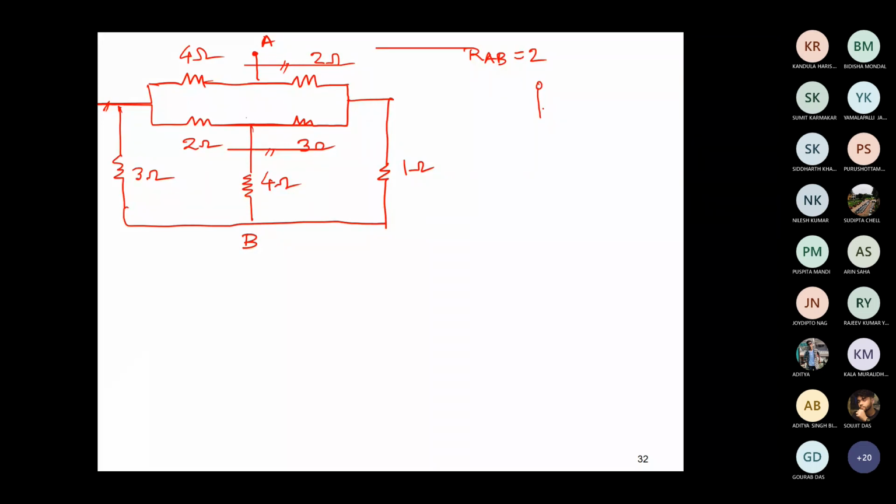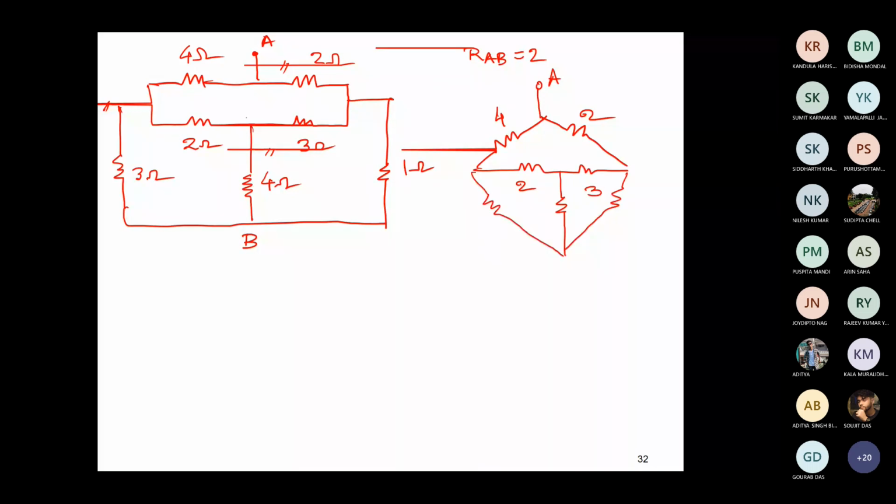So this is A. So this is 4, this is 2. This is your B. So I have just redrawn, but things are the same.